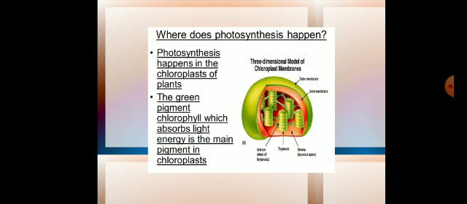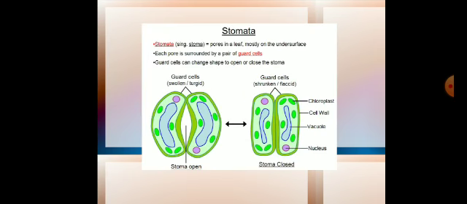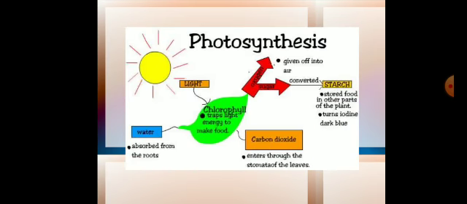Remember, chloroplast is the actual organelle where photosynthesis takes place. The green pigment chlorophyll is present inside the chloroplast only. Now in this reaction you can see that chlorophyll, the green part, traps light energy and makes food in the form of glucose.